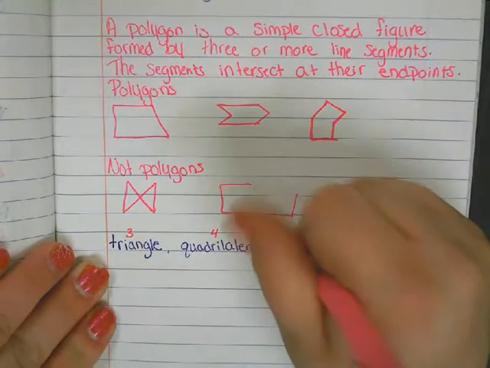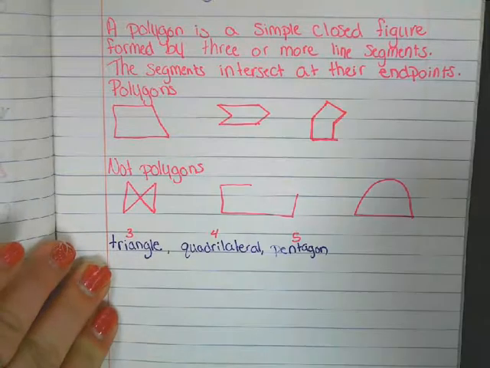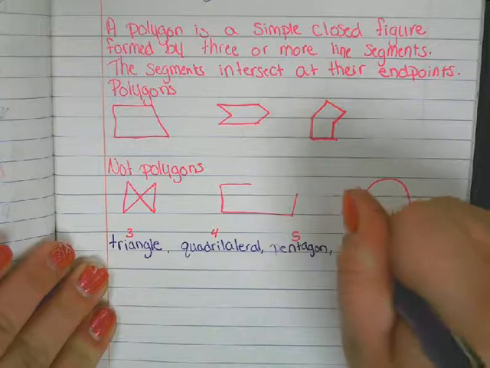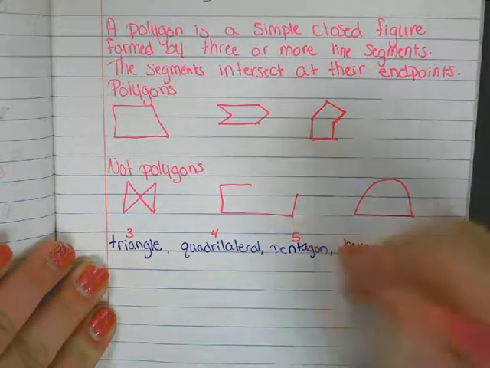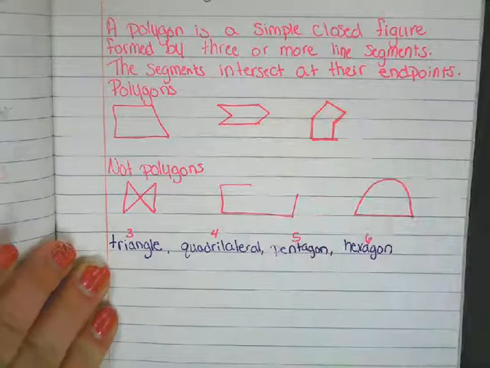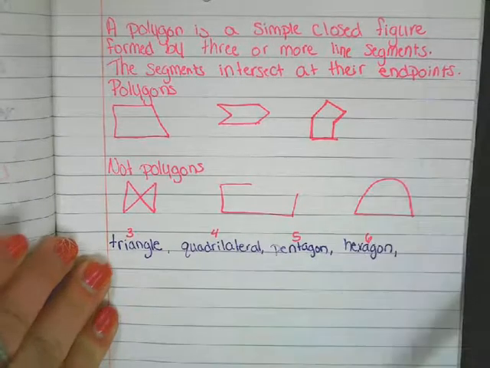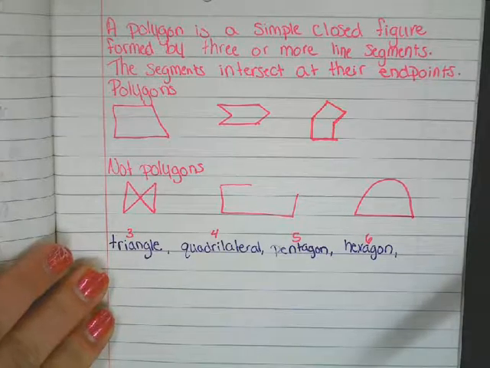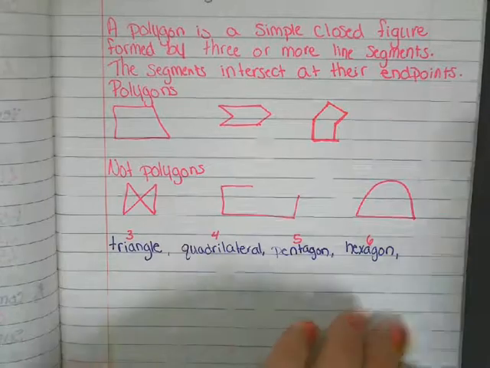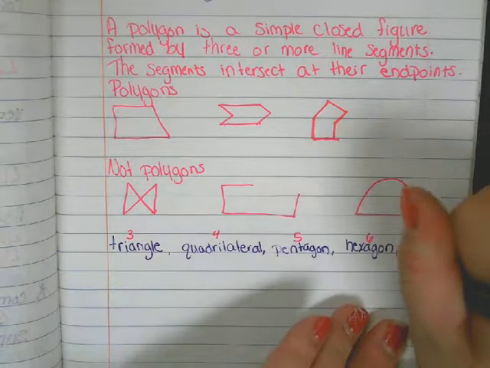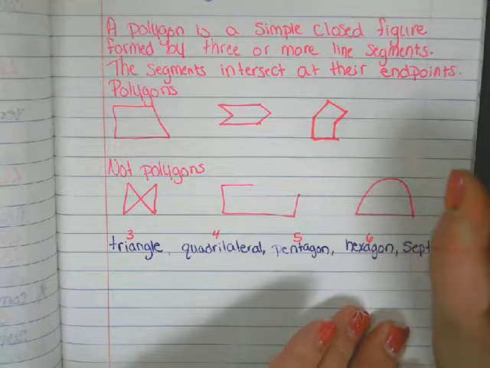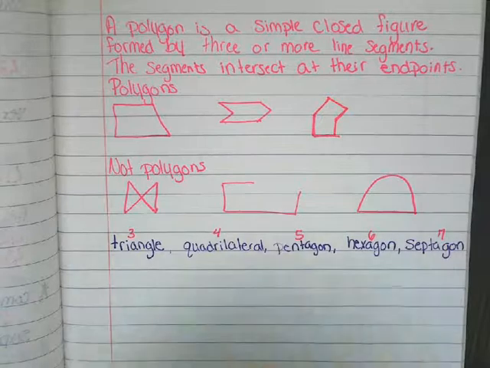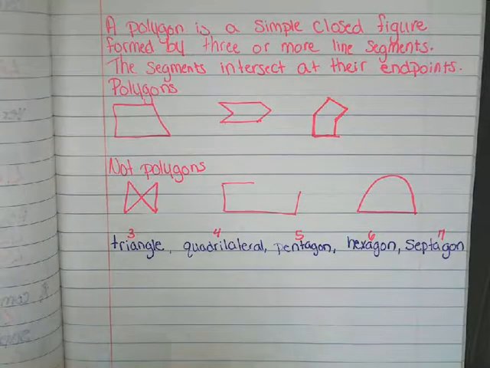Who remembers six? We said it. Hexagon. Anyone know what the seven-sided figure is called? Seven-sided is septagon. What's an eight-sided figure? Octagon.